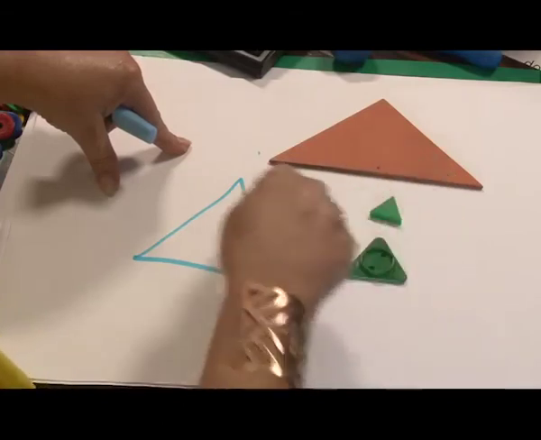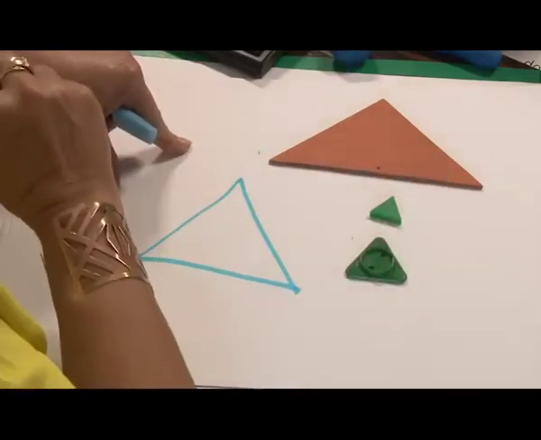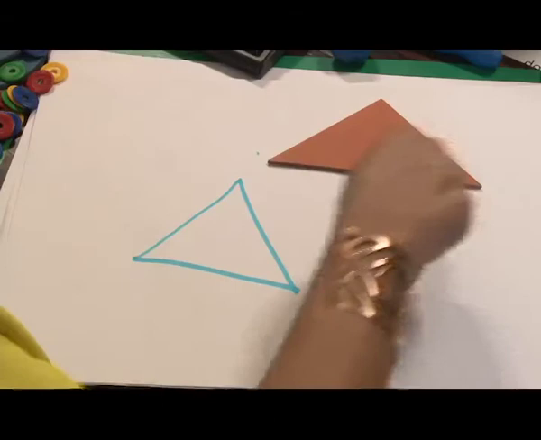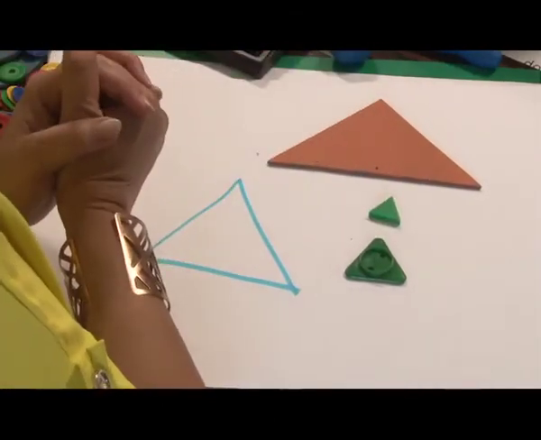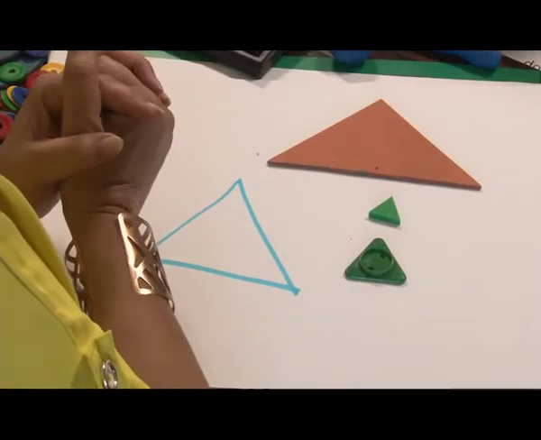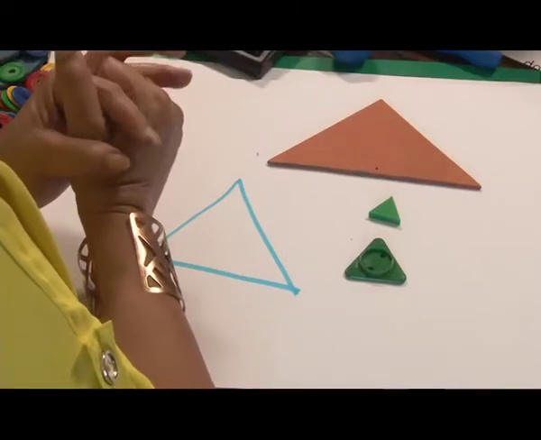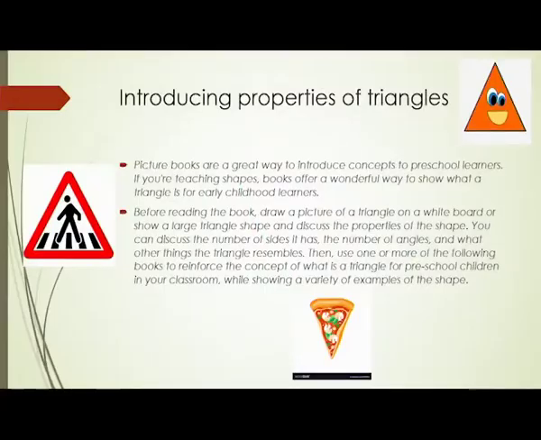So you show the child, and the child first identifies the properties that are the same before you start reading the books. You can discuss the number of sides it has, the number of angles, or any other things that triangles resemble.